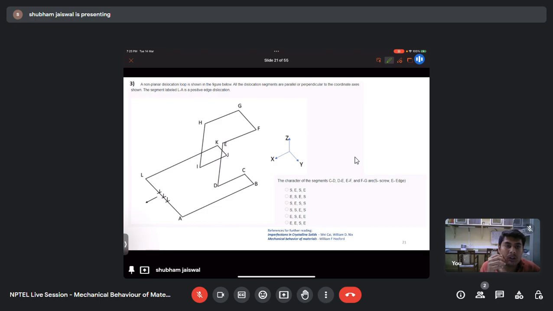So in this question, we need two important points. One is from the fundamental characteristics, and one is how we identify whether it is a screw dislocation or an edge dislocation.